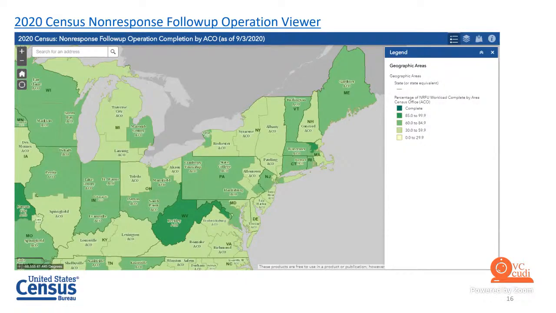This screenshot is from data on September 3rd, 2020, before the operation was complete. And the lighter shades on the map indicate the areas with lower percentages of the operation complete, and the darker shades represent areas with higher completion rates. Okay, next slide, please.